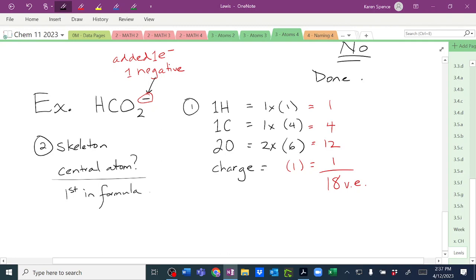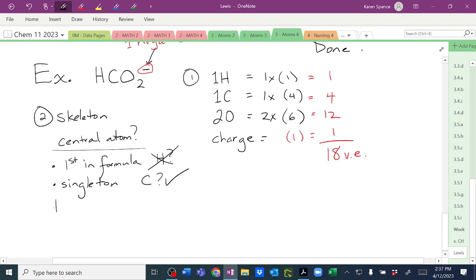Except that the first in the formula in this case is hydrogen. Is that okay to be in the center? No. So you can just go, okay, no. And we might say, okay, it's our singleton. Obviously, hydrogen is a singleton as well, but we've already eliminated that. So who is our singleton? Carbon. Is carbon okay? Yes.